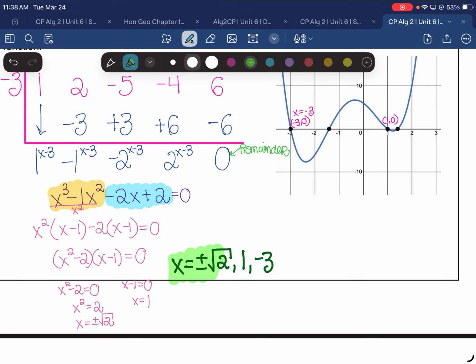Now, you could see where the other x-intercepts were. They were right here and right here, right? But I said don't assume that that's like 1.5 and negative 1.5. Can you put radical 2 in your calculator? Everybody type it in. What's the square root of 2?